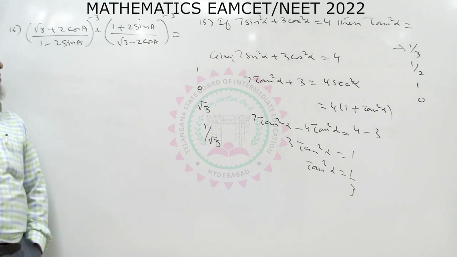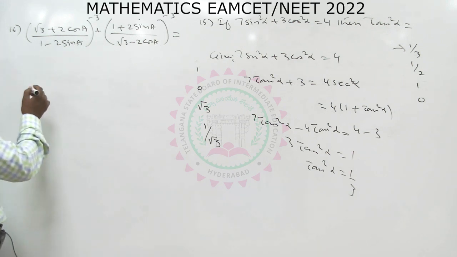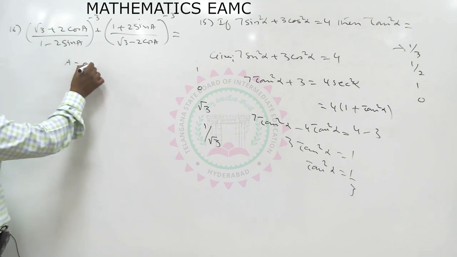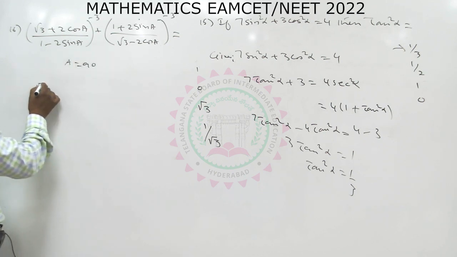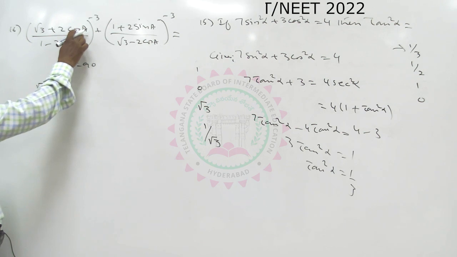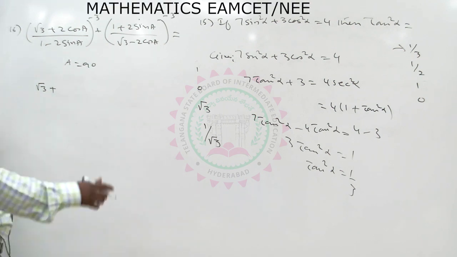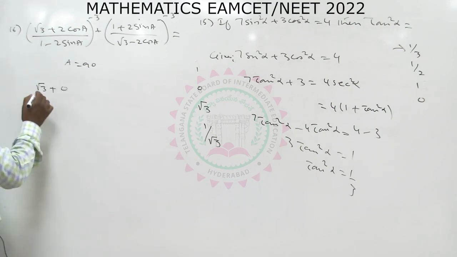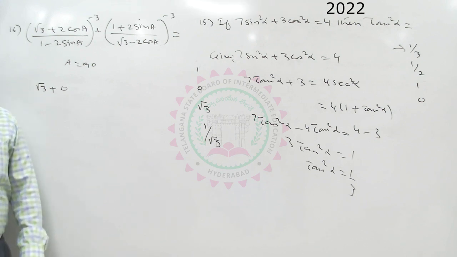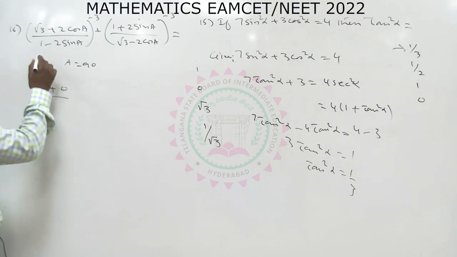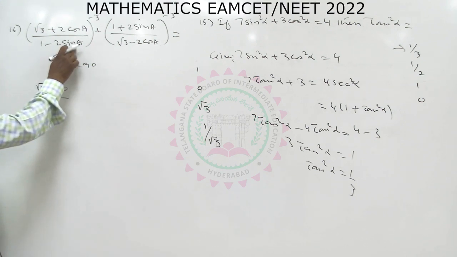Suppose I substitute A is equal to 90, see what happens. So, root 3 plus 2 cos 90, cos 90 is 0, right? Divided by 1 minus 2 sin 90, sin 90 is 1.